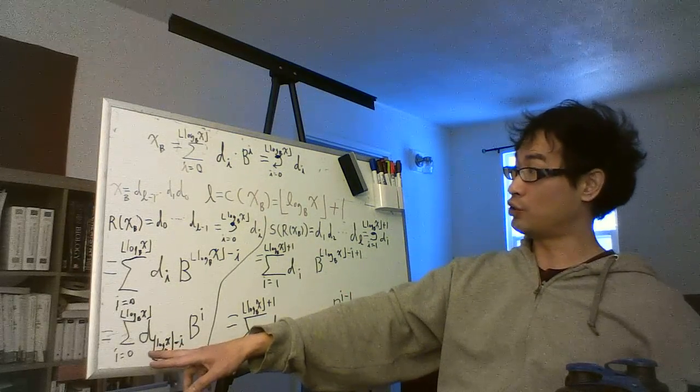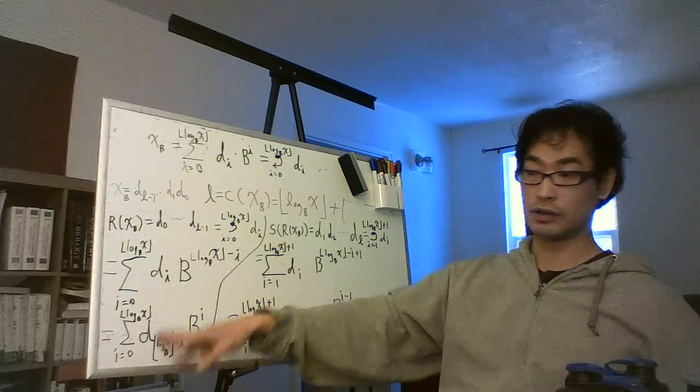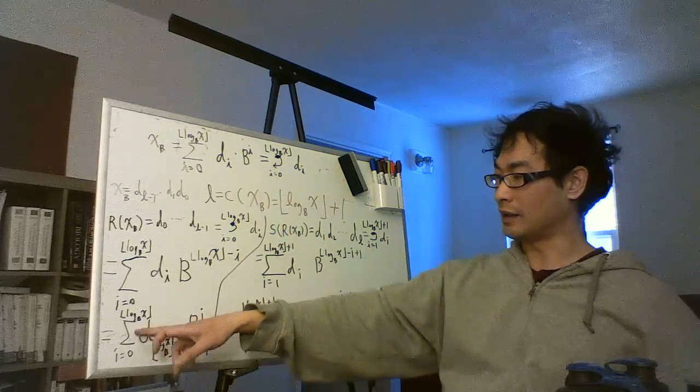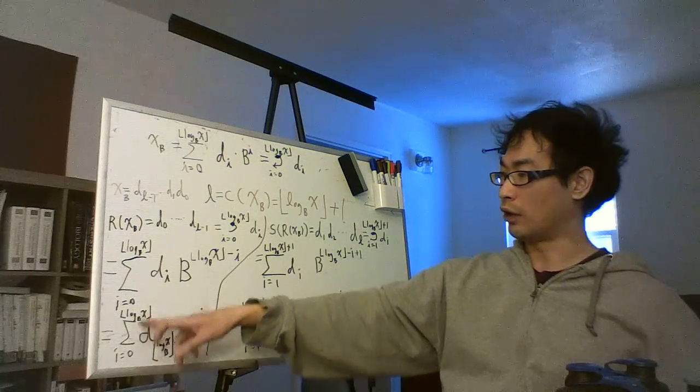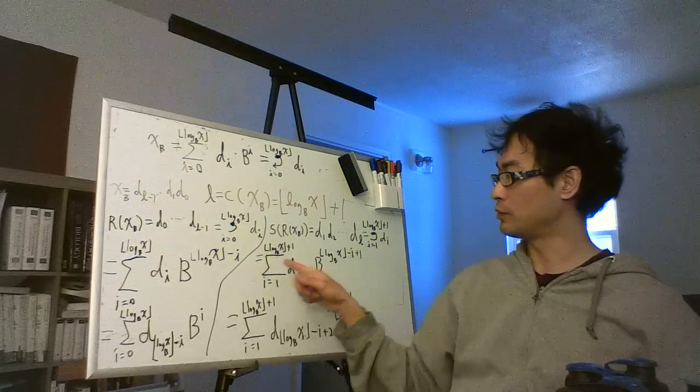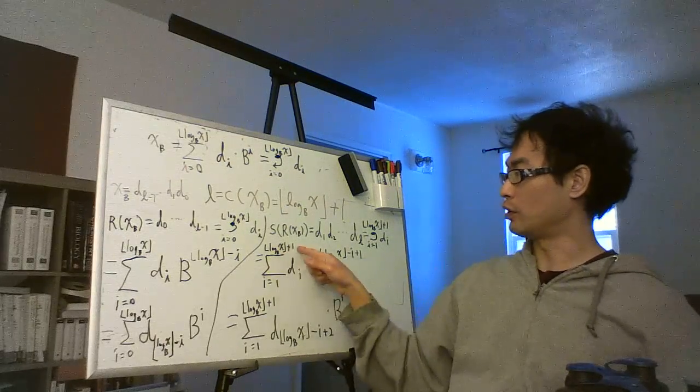When we shift the sigma, just like shifting that parabola, by adding 1 to the lower and upper boundary, 0 becomes 1, floor becomes floor plus 1.